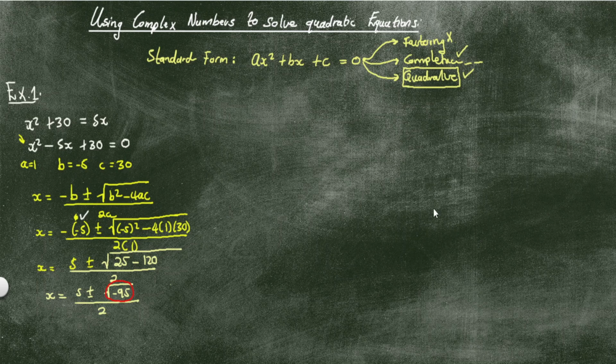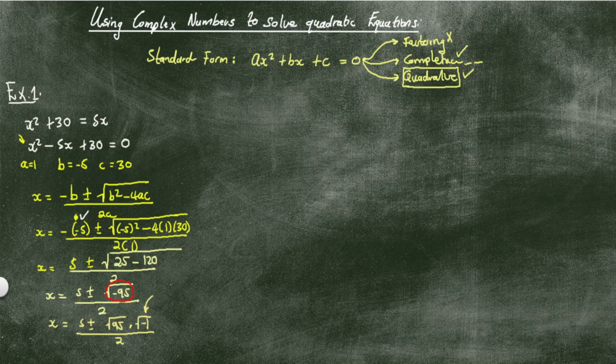As a complex number, X is equal to 5 plus minus, then you take the square root of 95 times the square root of minus 1, over 2. So you want to isolate the square root of minus 1 from the minus 95, right? So the square root of negative 1, that's the imaginary part, and then you isolate 95 as a positive number, right?